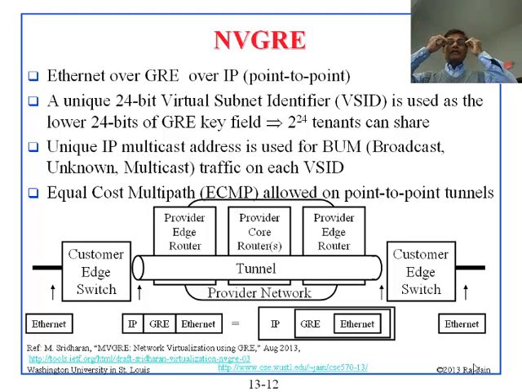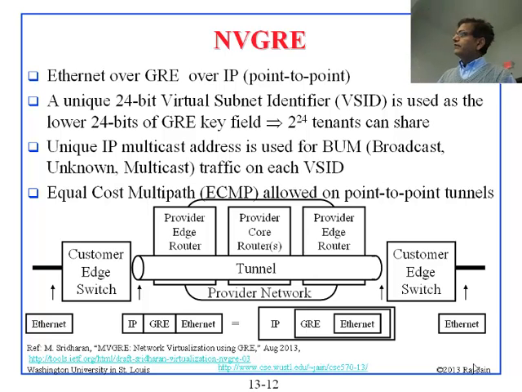Some places will figure out who the 5 people are, otherwise they will just send it to everybody, and those 5 people will pick it up, other people will not. So multicast is also transmitted on Ethernet just like a broadcast. Unicast is transmitted as unicast, and unknown is transmitted like a broadcast. So that is BUM traffic.